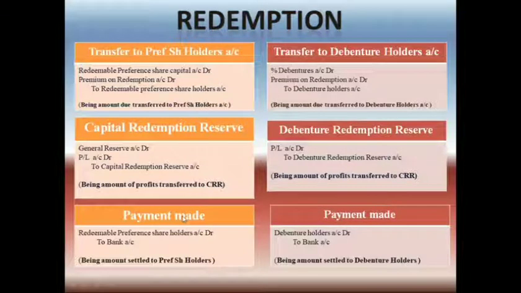The same way you have it for debentures also. For the redemption, the first journal entry is percentage debentures, premium on redemption if any, to debenture holders. Under redemption of preference shares you have the terminology capital redemption reserve, so here you use the terminology debenture redemption reserve. In case of settlement, it's preference shareholders to bank; here, it's debenture holders to bank.